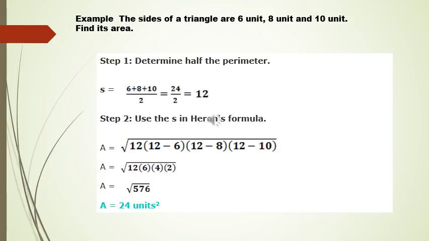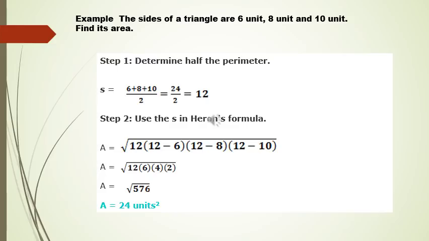Then we substitute the values of S, A, B and C in Heron's formula. It comes out to be under root of 12 times (12 minus 6), (12 minus 8) and (12 minus 10). Further we do the subtraction: 12 minus 6 is 6, 12 minus 8 is 4 and 12 minus 10 is 2.